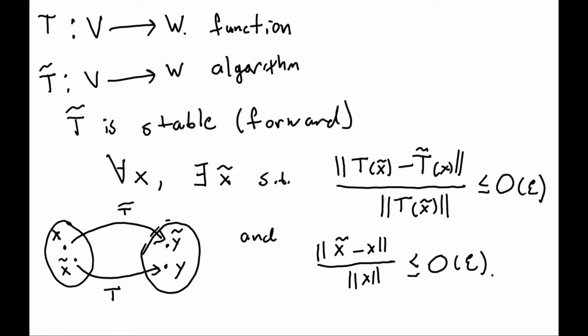We want to talk about relative accuracy here because, again, we're going to be using floating point numbers. So the notion of accuracy for a floating point number, because of its structure as a fraction and an exponent, is essentially a logarithmic accuracy. So we want to look at the fractional accuracy of the inputs and outputs. So we want small relative error.